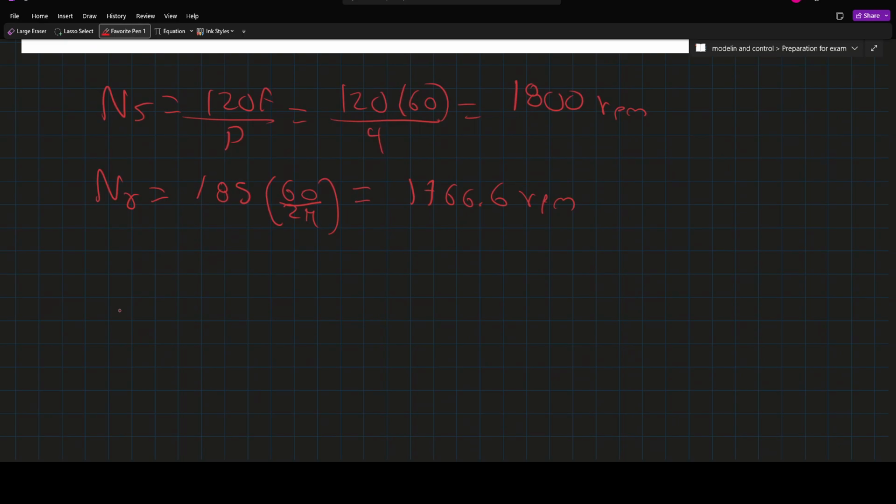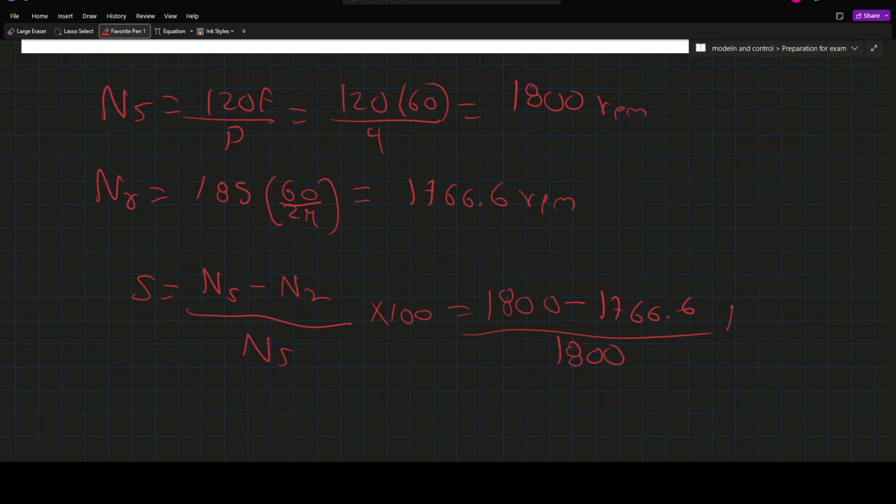Now that we have both our speeds, we can figure out that it's our synchronous minus our rotor over our synchronous times 100. This is going to be our slip. So we have 1800 minus 66.6 over 1800 times 100. So we have a slip of 1.8%.